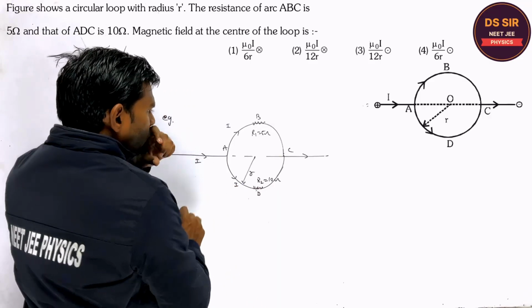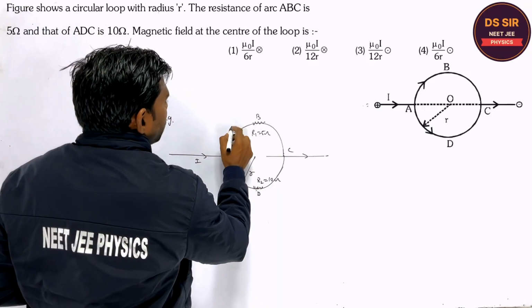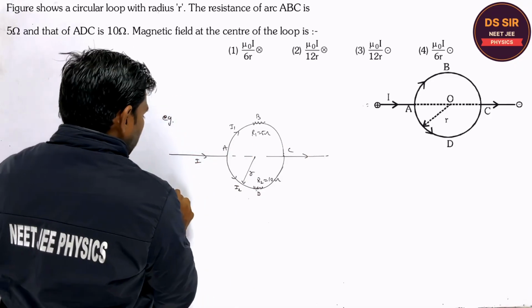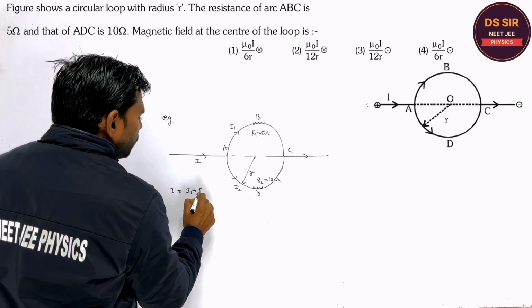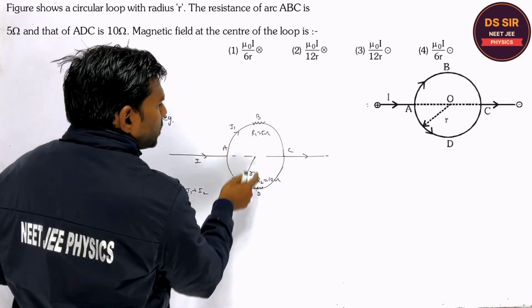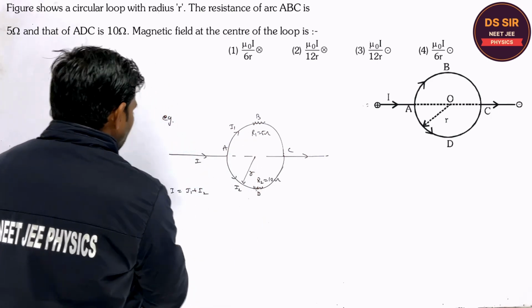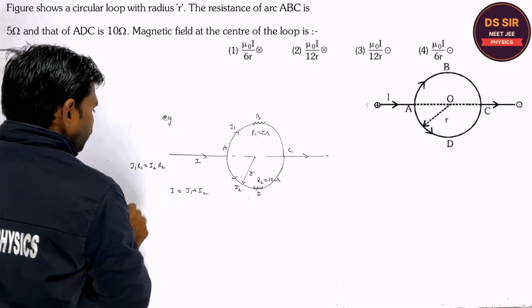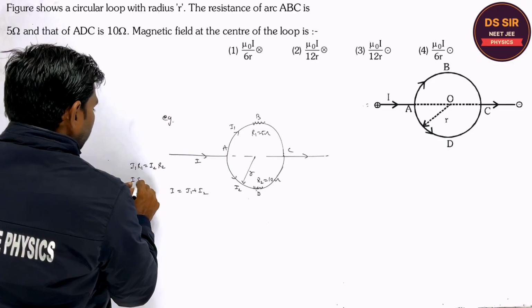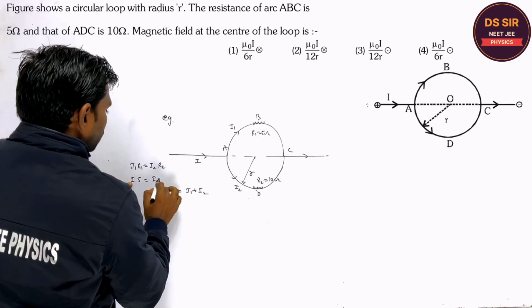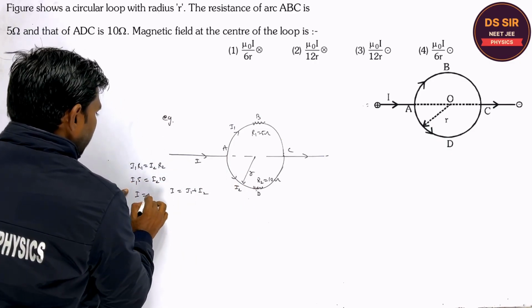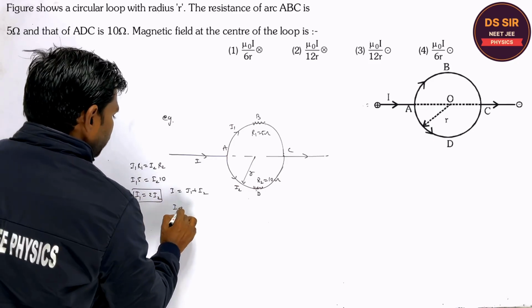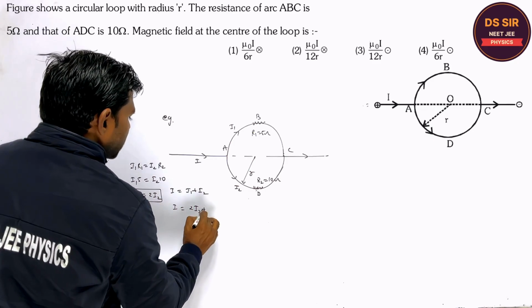Listen, do you know the current? The current will not be the same. I is equal to I1 plus I2, and both resistances are in parallel. So I1 R1 is equal to I2 R2. What is R1? 5. What is R2? 10. So I1 is equal to 2 I2.